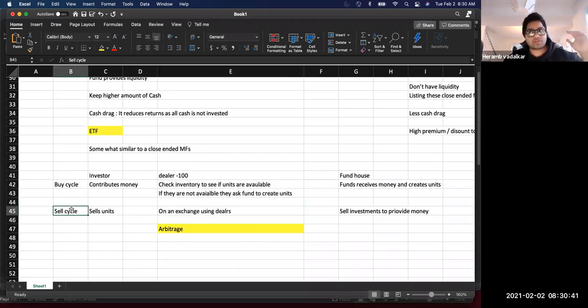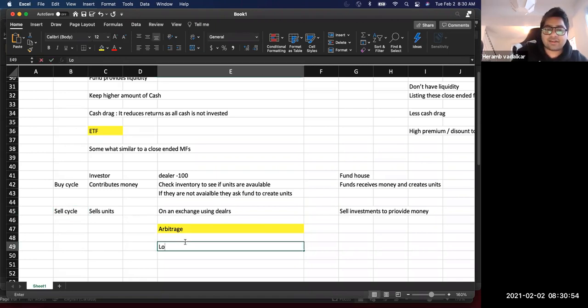If you sell it to another investor, and another investor is not available with the dealer, then the fund sells the assets and gives money back to you. Now the advantage is they trade at low premium or discount as compared to close-ended mutual funds because of arbitrage.